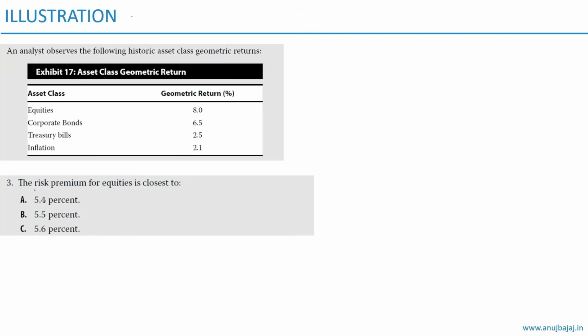Question 3. The risk premium for equities is closest to. The geometric return of equity is comprised of risk-free return plus the inflation premium plus the liquidity premium, default risk premium and the maturity premium. In order to find out the risk premium, we need to subtract the risk-free rate from the equity's return. So the risk-free rate is 2.5%.